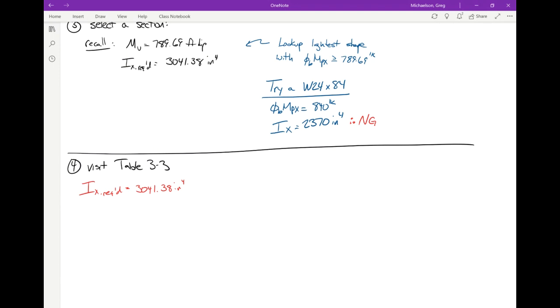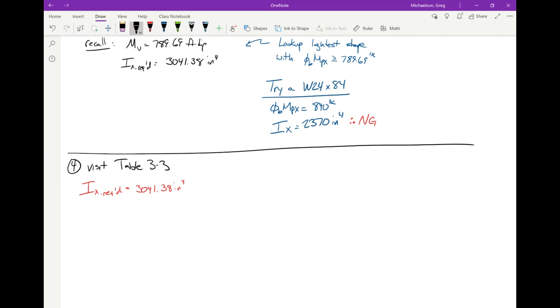A W30 by 90. That's exactly right. I want to make sure that everybody's comfortable with what I'm doing because there's not much response in chat, and I want to make sure that what we're doing is right. So I'm on table 3.3, and if you look at the bottom right of page 3-28, we're selecting the first bold row that has a moment of inertia higher than that, and so that's a W30 by 90.